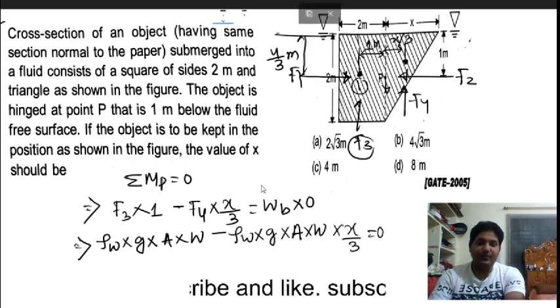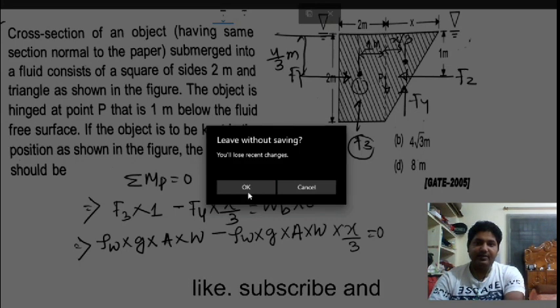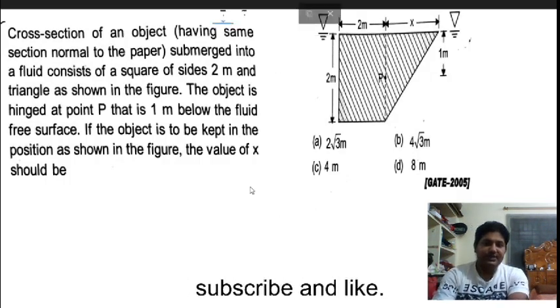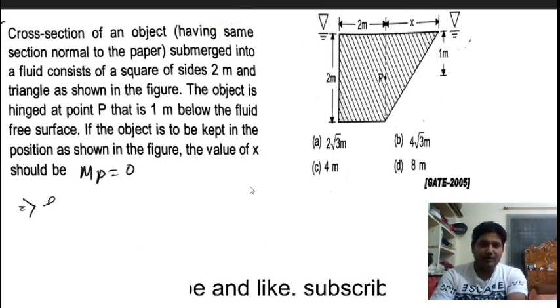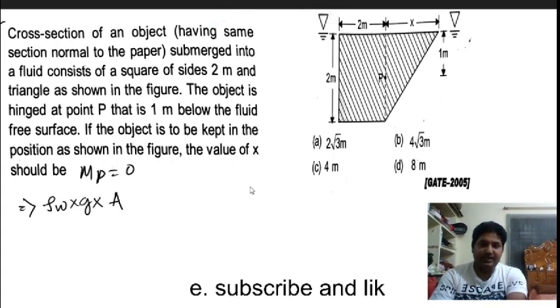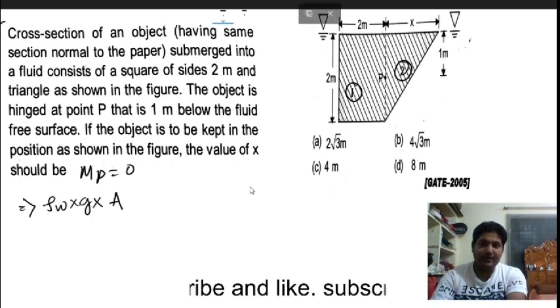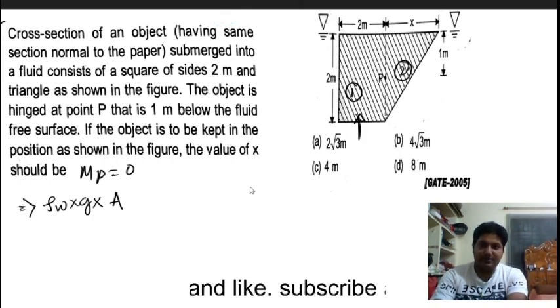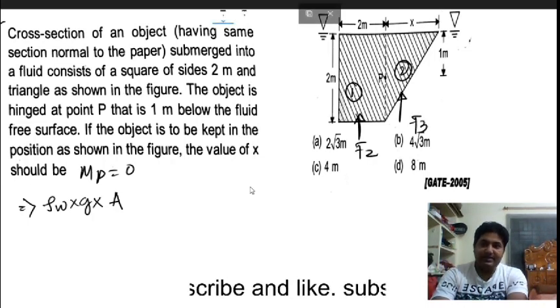Now writing the equation again. MP will be equal to 0, so it is density of the water into g into the area of the rectangular portion. Suppose this is 1 and this is 2. This is the force I am talking about, so this is F2 and this is F3, and this is actually the center of the shaded area, so this is 1 meter.